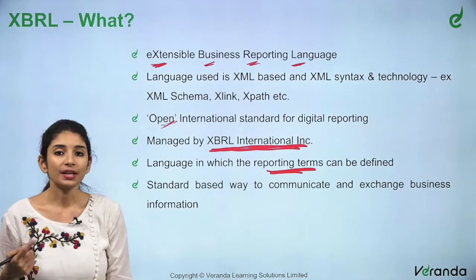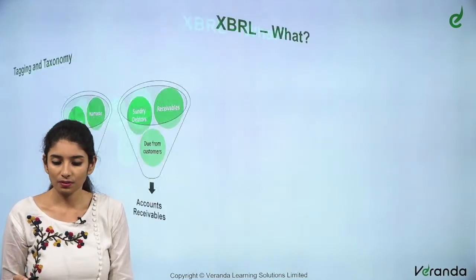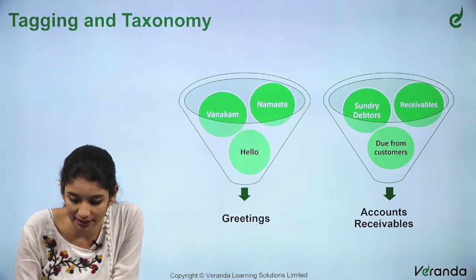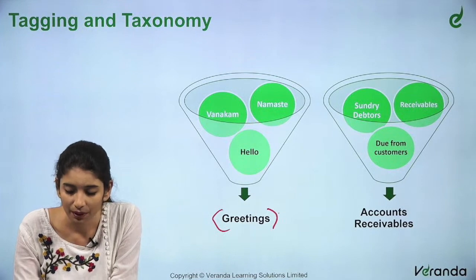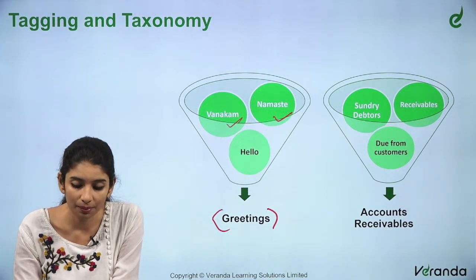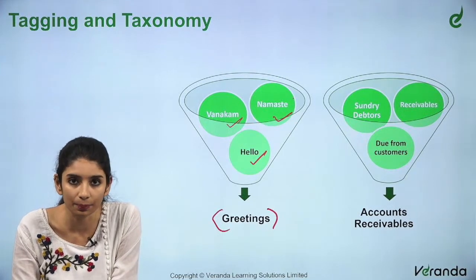Now, let me tell you how this works in general language. For example, if I want to say greetings, I may say namaste, my friend may say vanakkam, another friend may say hello, but it all means we are greeting the other person.